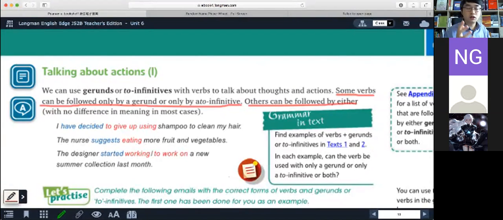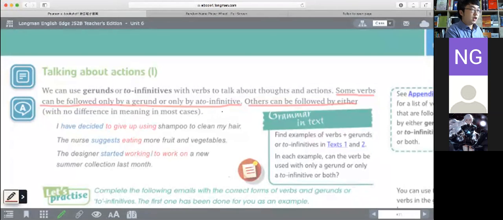So you may ask, what verbs can be followed by gerund only, or what verbs can be followed by to-infinitive only? I don't know if you still remember. If you have the book with you, let me see, I'm checking. Please turn to page A11.